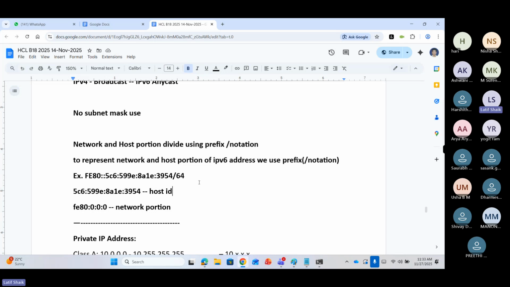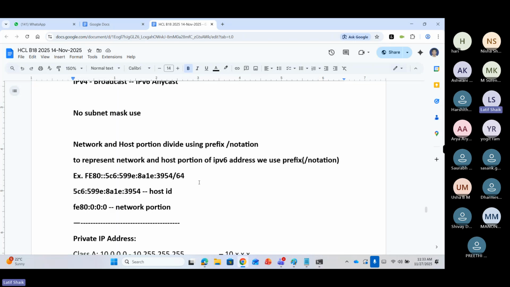So if you go back to IPv4, in a class C, the host portion is only 1 octet, meaning 8 bits are host portion. 2 to the power of 8 is 256, minus 2, 254 devices you can connect in class C. Next is class B, 2 host octets, meaning 8 plus 8, 16. 2 to the power of 16 minus 2 is 65,534 devices you can connect.